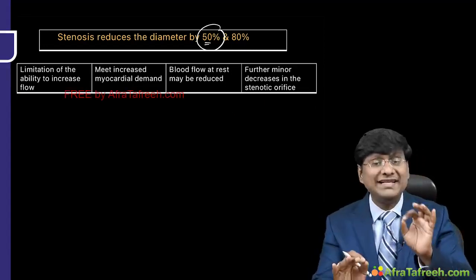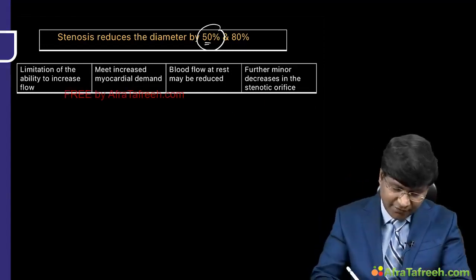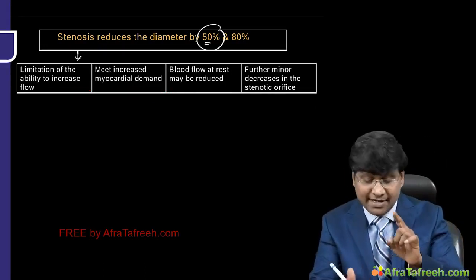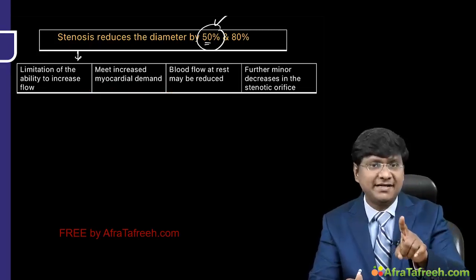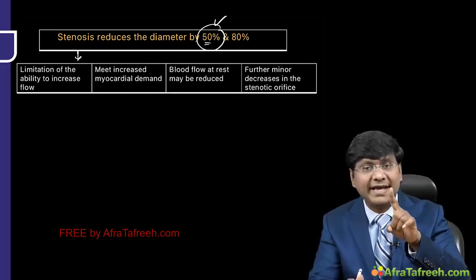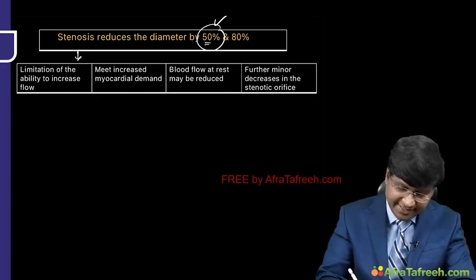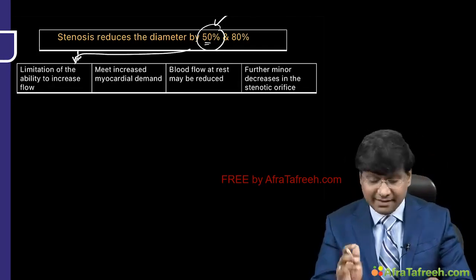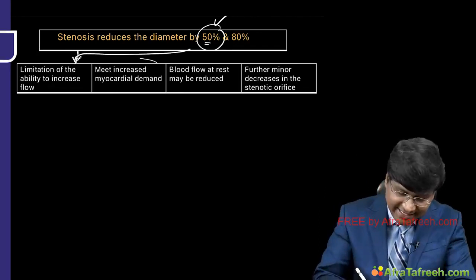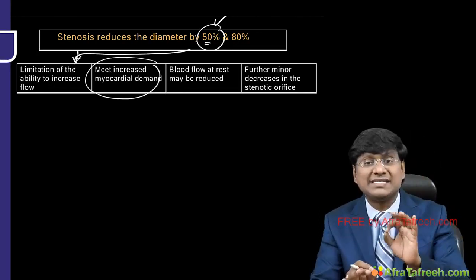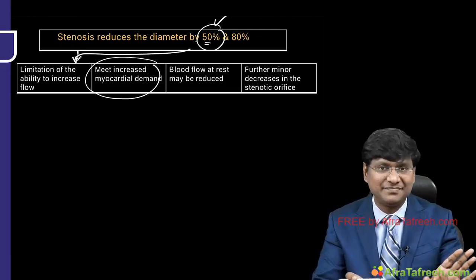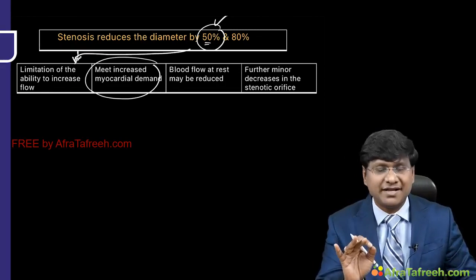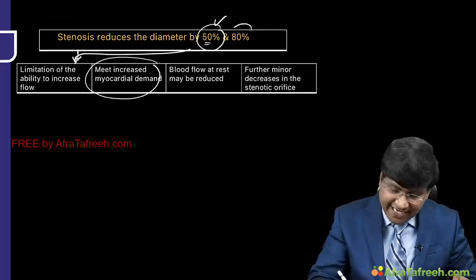When the stenosis reduces the diameter of the epicardial coronary artery by 50%, there is limitation of ability to increase the flow, and thereby increased myocardial oxygen demand cannot be met.